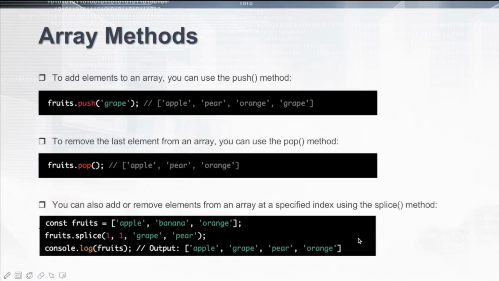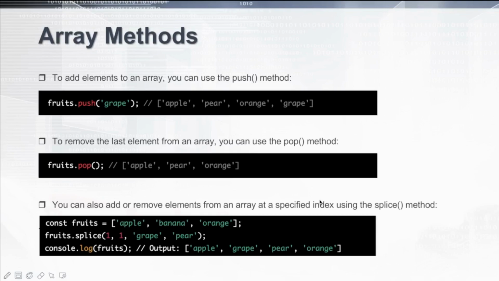In this video, we're going to be looking at array methods. Array methods are certain functions that are used to perform operations on arrays. In the previous videos, we saw how we can create arrays as well as update arrays.